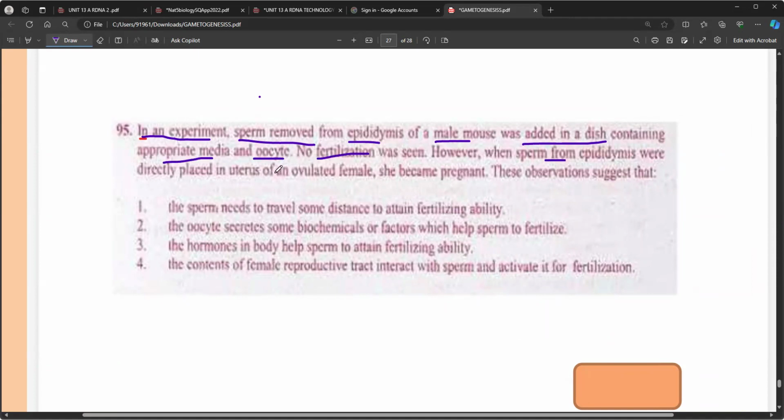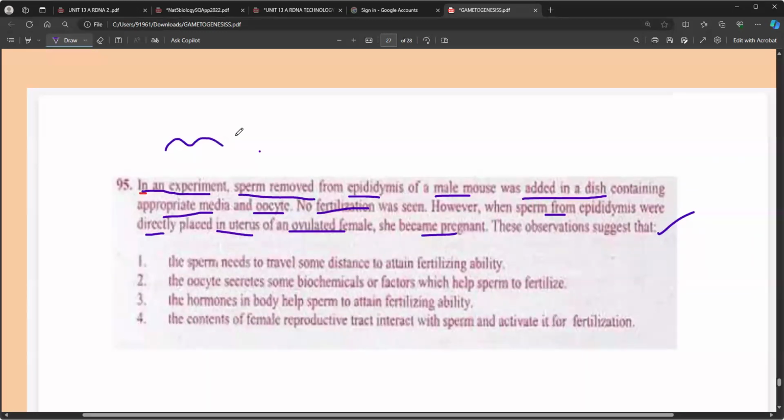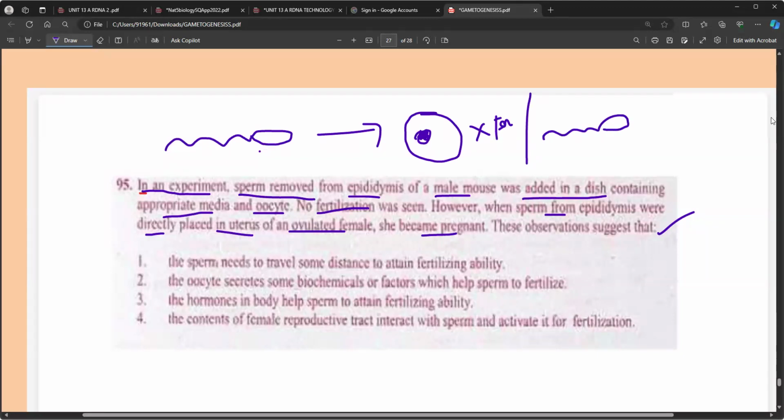However, when sperm from the epididymis were directly placed in the uterus of an ovulated female, she became pregnant.